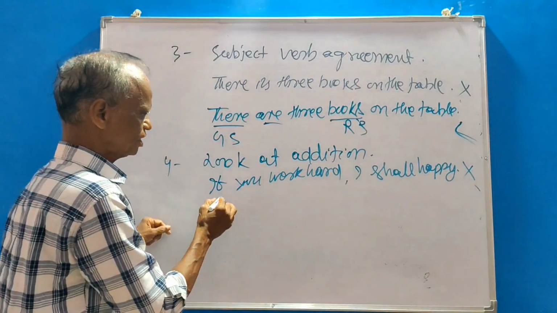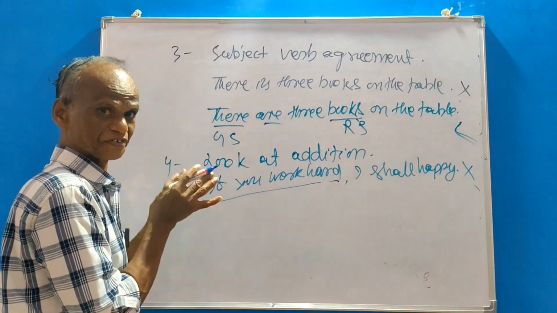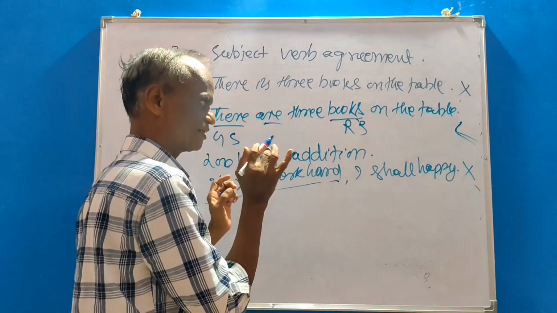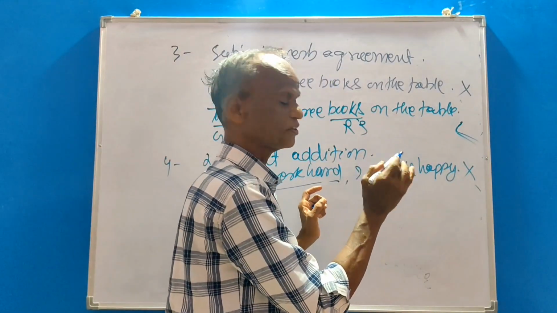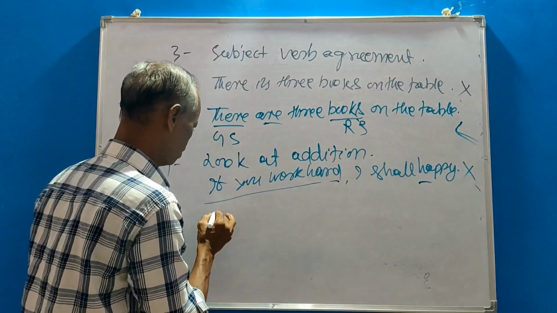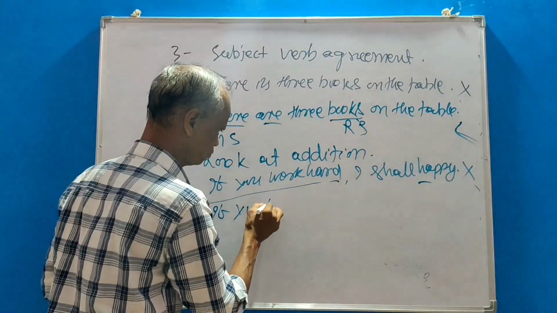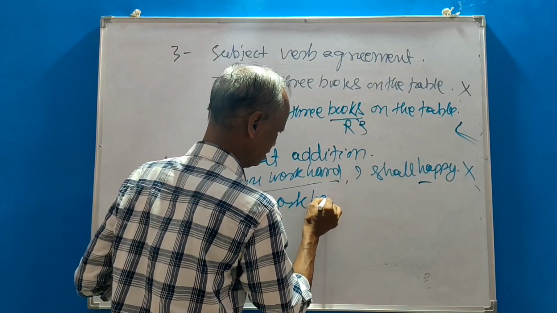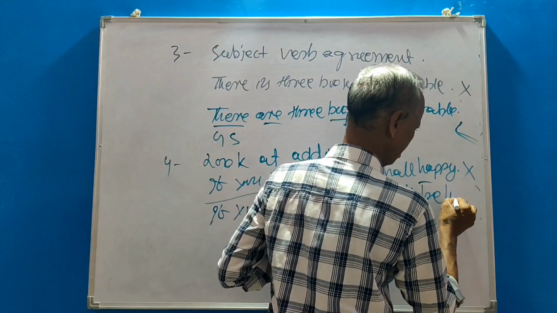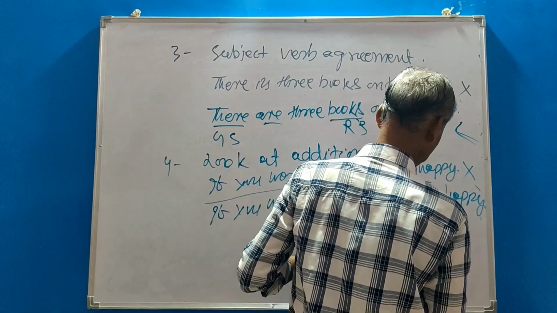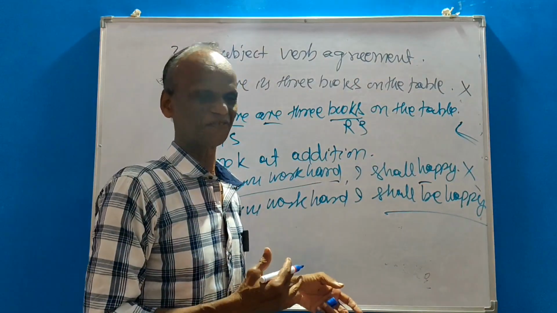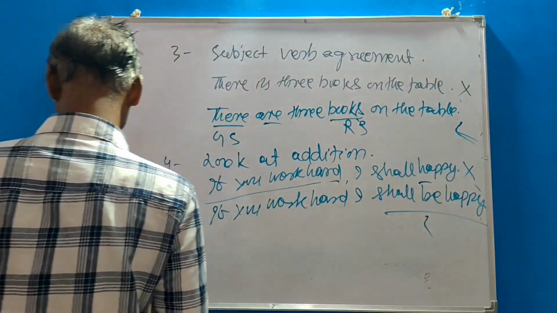Read attentively with stress pattern: if you work hard, I shall happy. There is a problem. So it requires addition. So, if you work hard, I shall be happy. It requires continuous action. You say, I shall happy. No, I shall be happy. Okay? It is correct. Next.